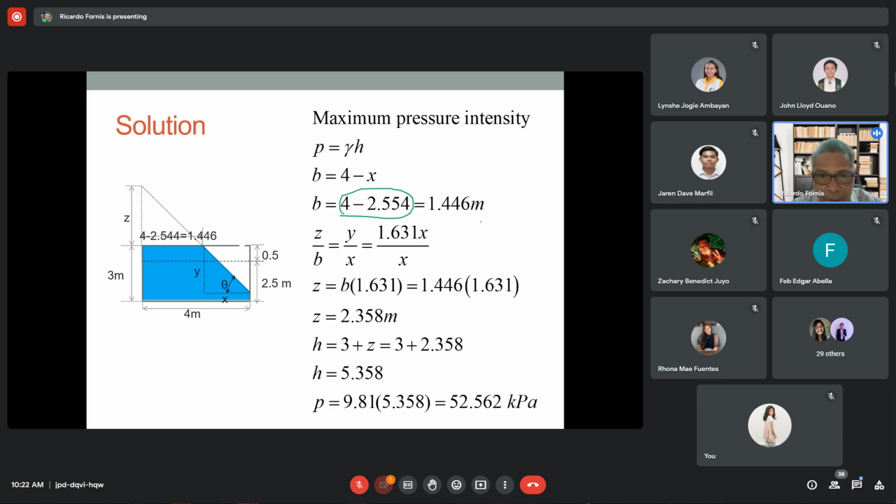Let's check using another method. This is obviously wrong because x should be deducted to obtain B. The B obtained here is 1.446, which is obviously not correct.